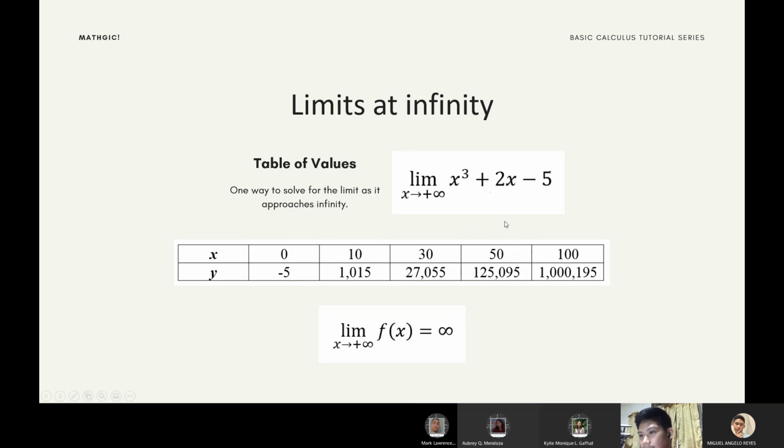Then 50 cubed plus 2 times 50 minus 5 is 125,095. And lastly, 100 cubed plus 2 times 100 minus 5 is equal to 1,000,195. The final answer is that the limit of f of x as x approaches positive infinity is equal to infinity.